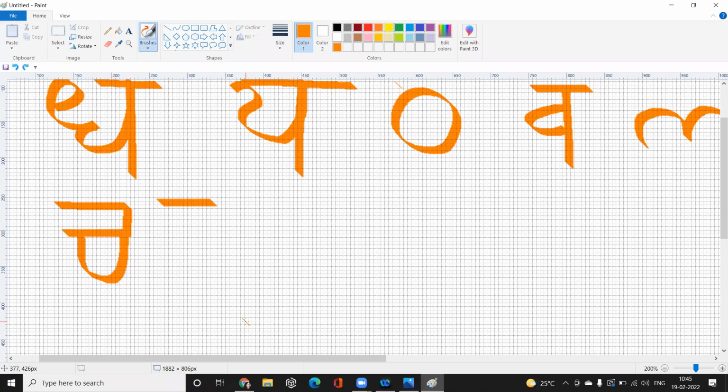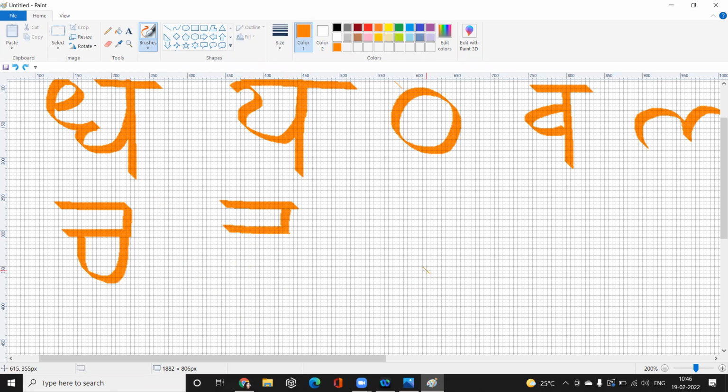But in case of ra, it is written like this. Now this ra, again, as per the rule, it should have been written like this. This belonging to category B, it should have been written like this, right? This is the rule that we just learned.